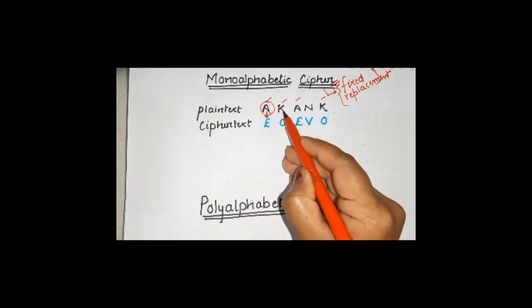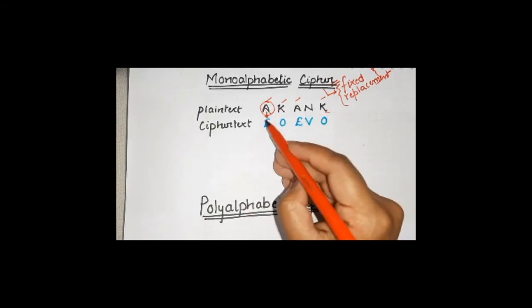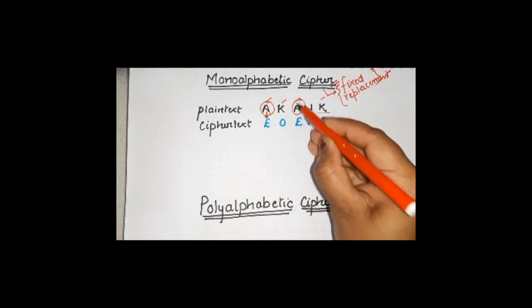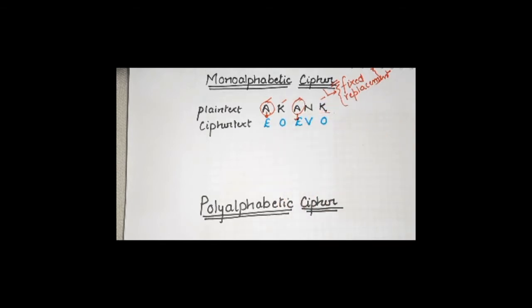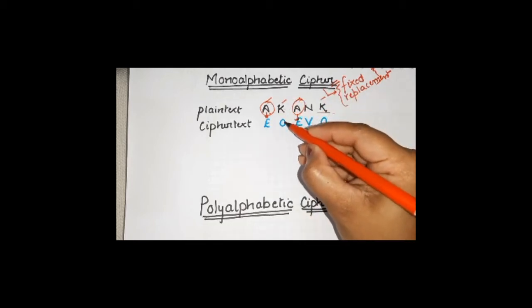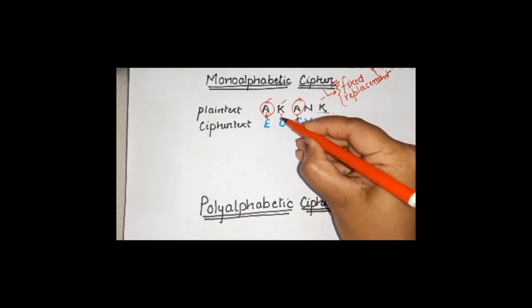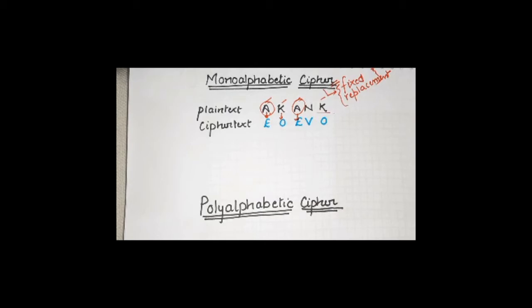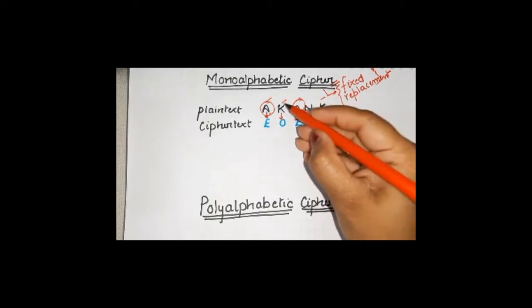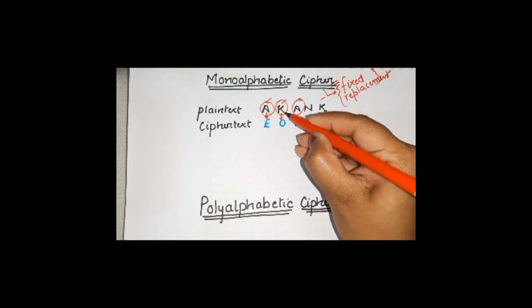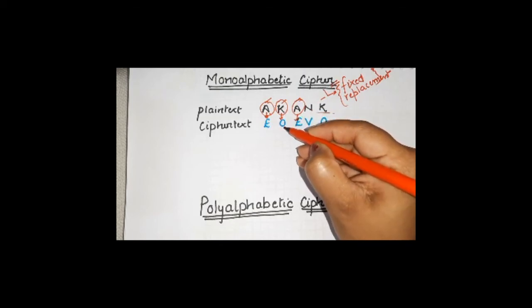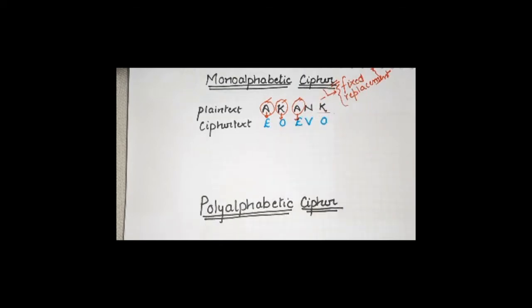If A occurs anywhere in the other places, it will also be replaced by E. See? Can you see this? Similarly, if K is being replaced by O, all the occurrences of K are going to be replaced by O. That is called the monoalphabetic cipher technique.